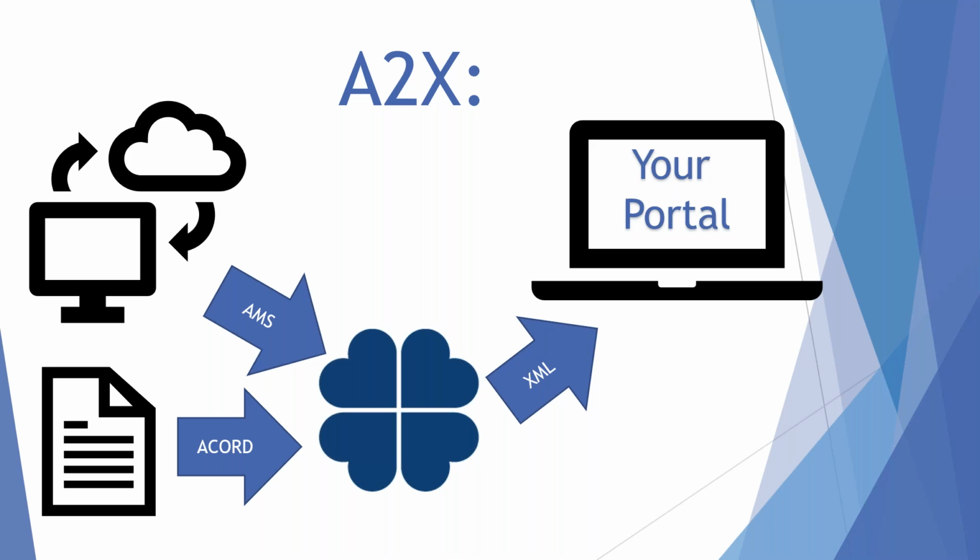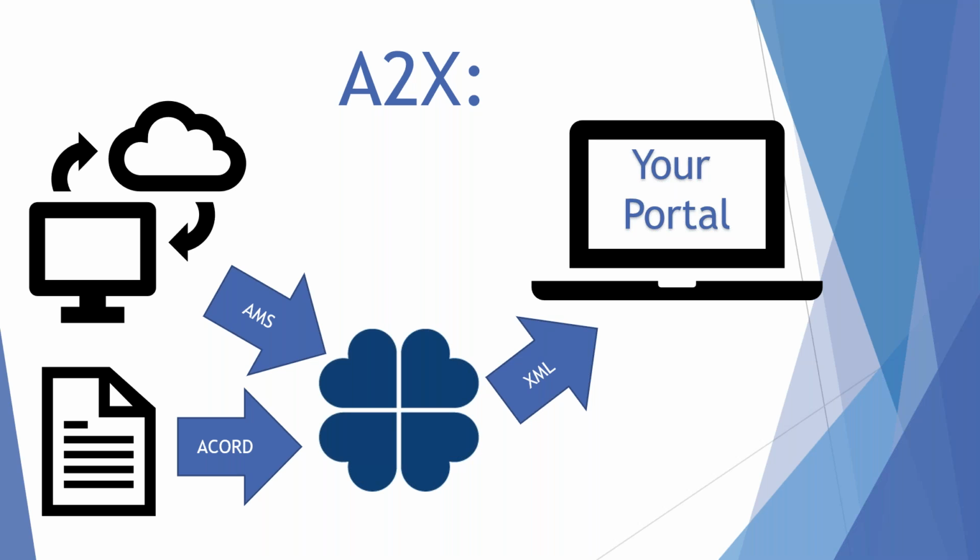For the agent, this is all free, so it doesn't cost the agent anything at all. So the market's licensed this with us. So if you're an MGA carrier, you would license this technology. We'd be able to offer this to your agents who may probably already be using this, but now they're able to interact with you in the same way. We can convert this information into XML regardless of the source, and then spit that back out into your portal.